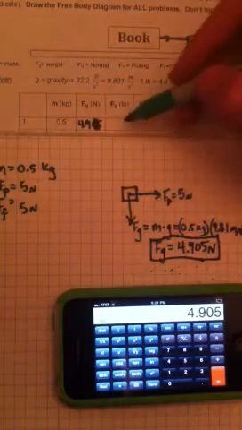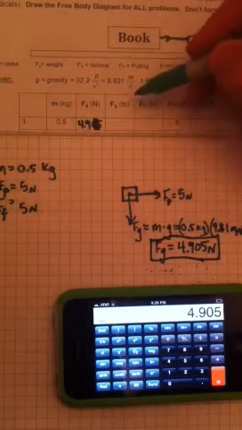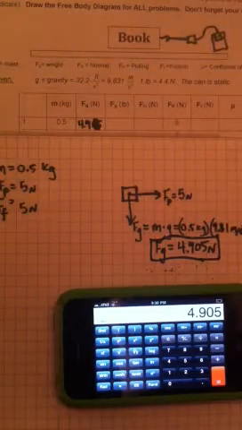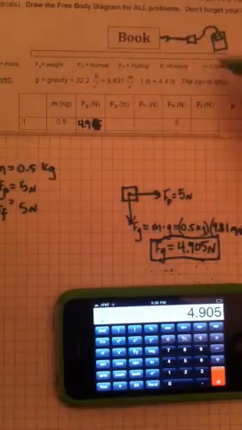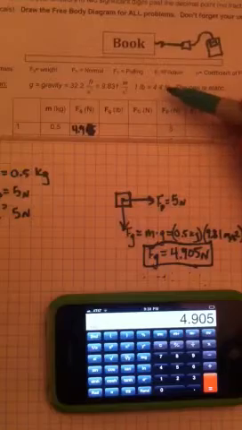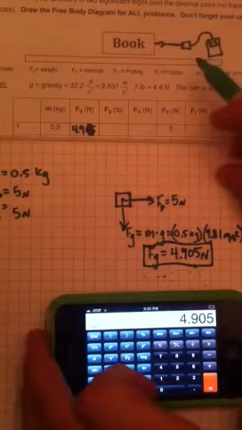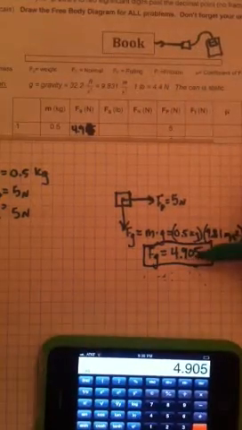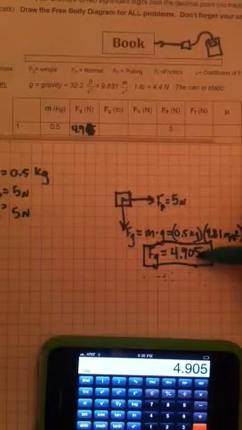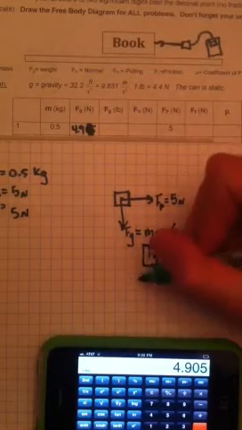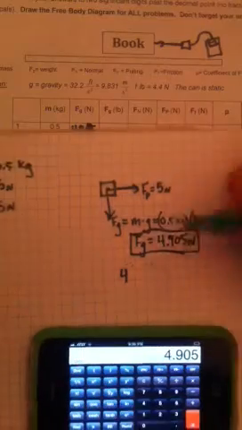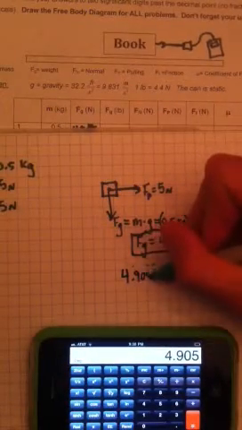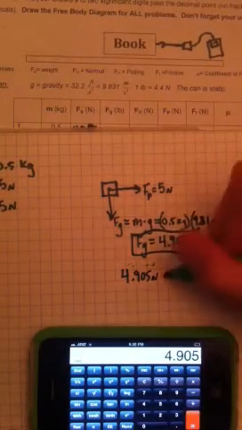So the next little box just wants us to change the units and change that into pounds. So the easiest way to do that is I look right here. It's given to us that 1 pound is 4.4 newtons. So if I have 4.9 newtons, it should be just over a pound. So the way to do this mathematically, I'm going to start with 4.905 newtons. That's what I'm given.